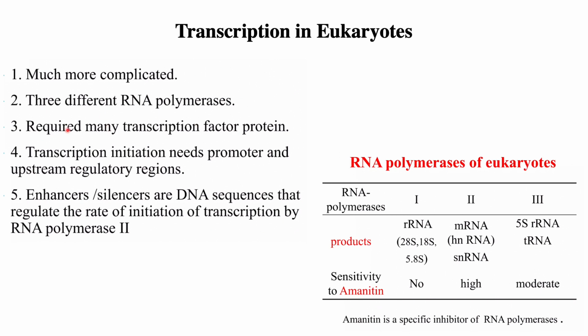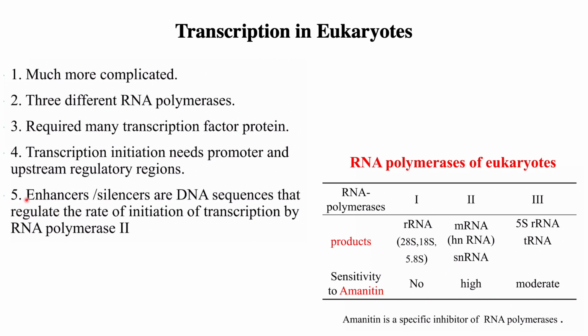So yeah, apart from these RNA polymerases, the initiation of transcription also requires many transcription factor proteins. Also, transcription initiation needs promoters and upstream regulatory elements like enhancers and silencers. Enhancers and silencers are DNA sequences that regulate the rate of initiation of transcription by RNA polymerase 2.